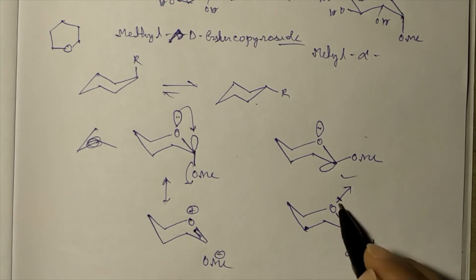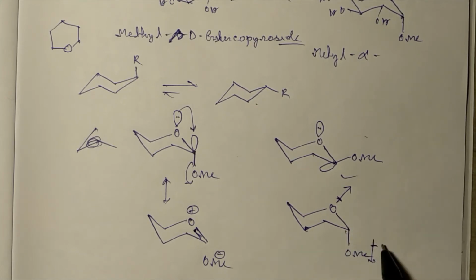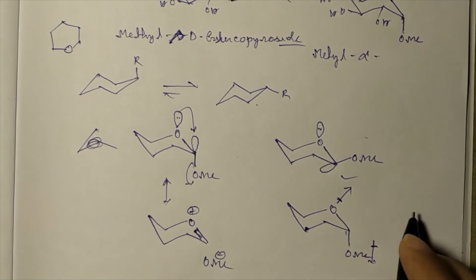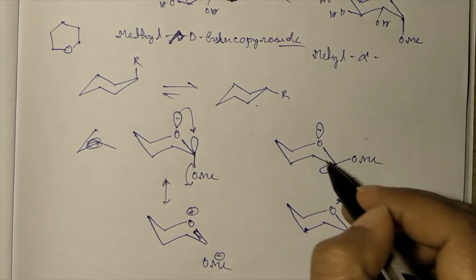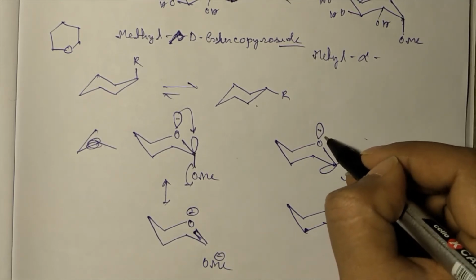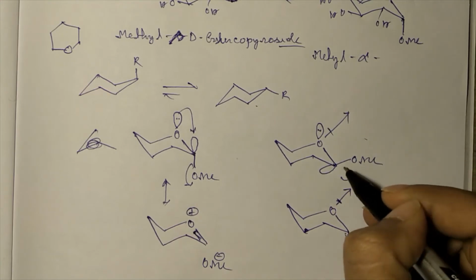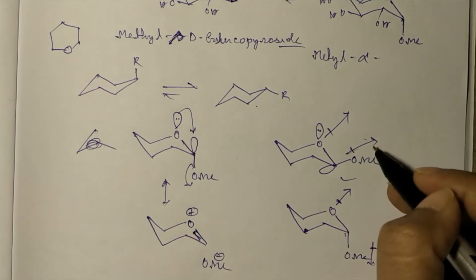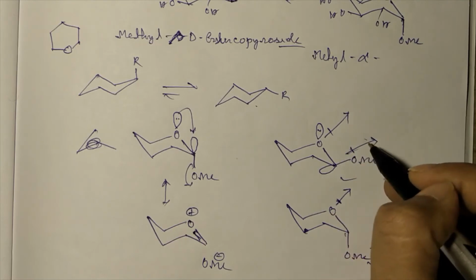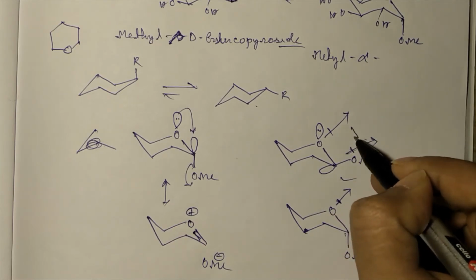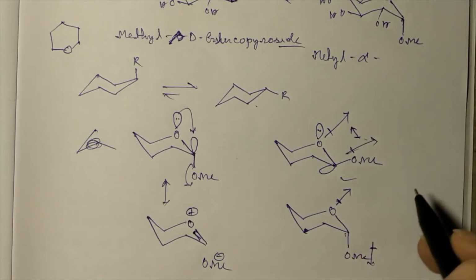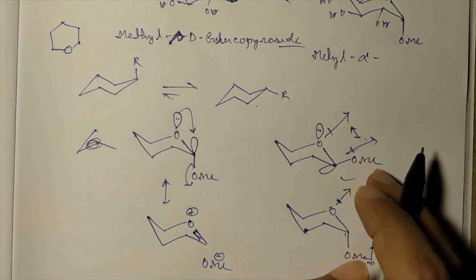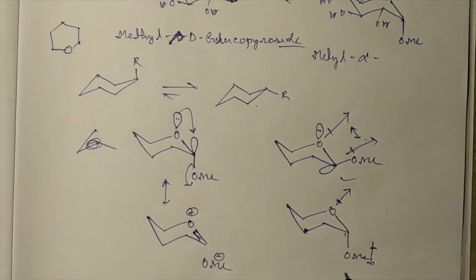So these two dipole moments operate in mutually opposite directions, whereas in this case the dipole moments are mutually parallel and there will be a repulsion between these two dipoles, so this isomer is quite unstable. That's why the axial preference of the OMe group is observed.